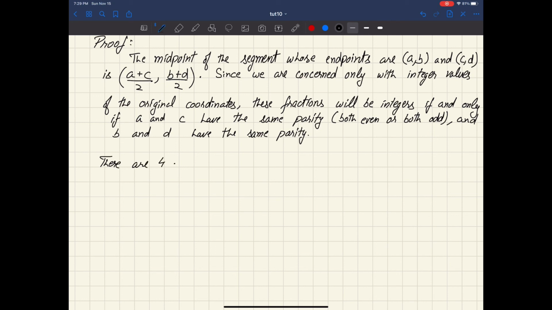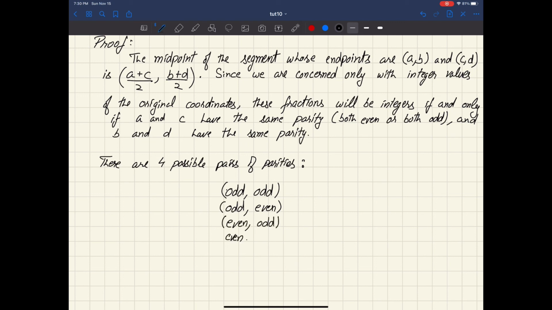Now there are 4 possible pairs of parities, which would be odd and odd, odd and even, the third one is even and odd, and the fourth one is even and even.